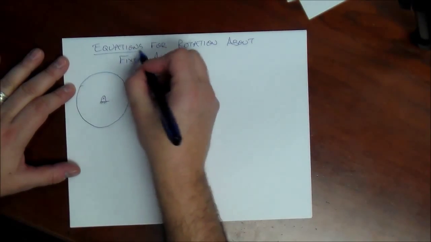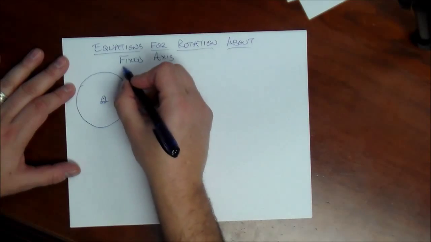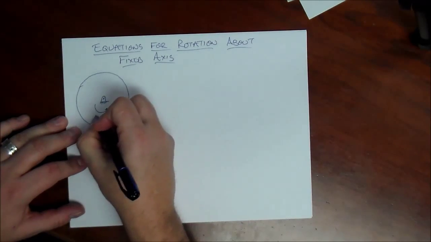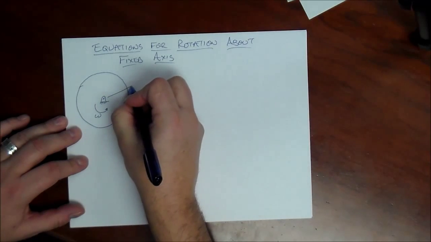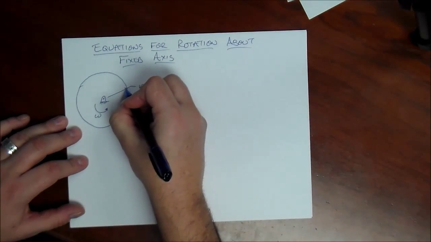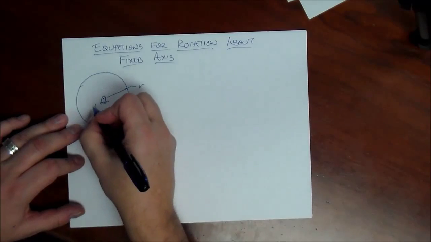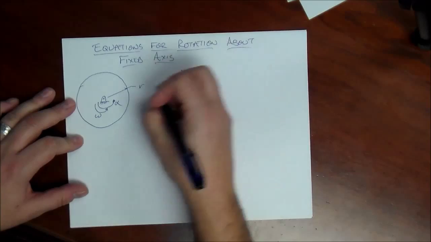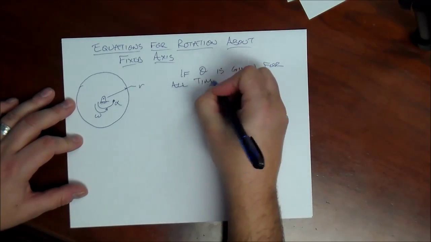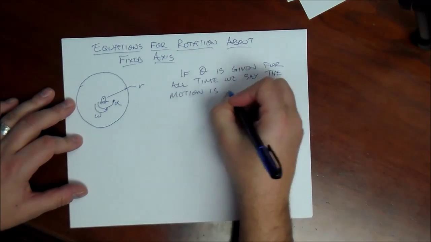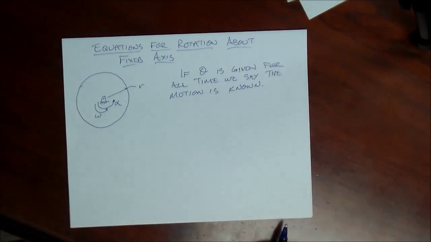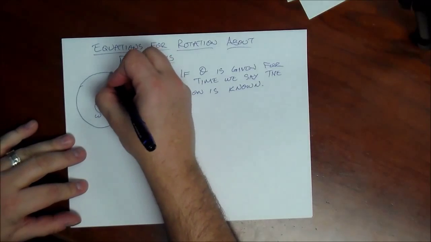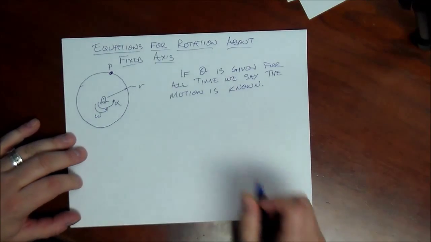We can come up with equations for the motion in rotation about a fixed axis. Imagine we have a wheel that's rotating by omega, has a radius of r. Perhaps it has an angular acceleration as well of alpha. Just like with rectilinear motion in particles, for rotation about a fixed axis, suppose we want to know this point P, what's going on there.